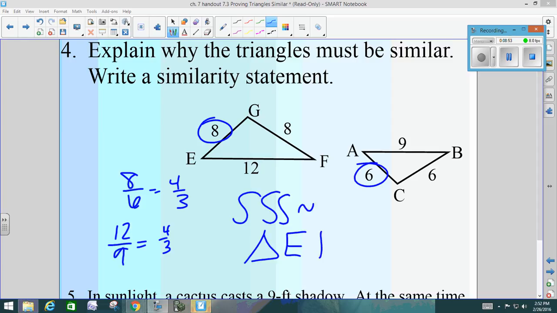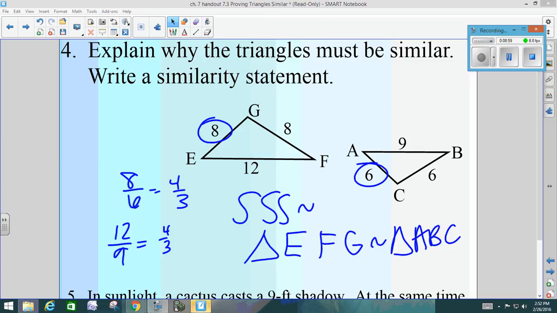Triangle EFG is similar to triangle ABC. On your similarity statement, you really only have to check right now that G and C are in the same spot. Why? Got it, Zach?